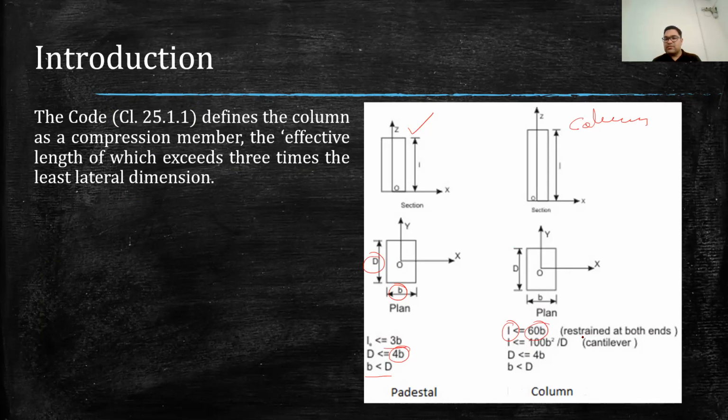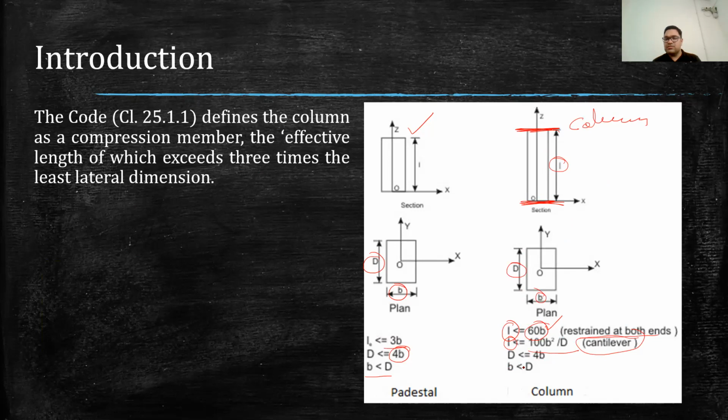Now in this case, this is when both the ends of the column are fixed. In that case, the maximum possible height of column can be 60 times of B. Now, if it is a cantilevered column, which means it is fixed from the ground and free at the other end, in that case, length should be less than or equal to 100 B square by D. The column has 2 dimensions, B and D, both lateral dimensions.